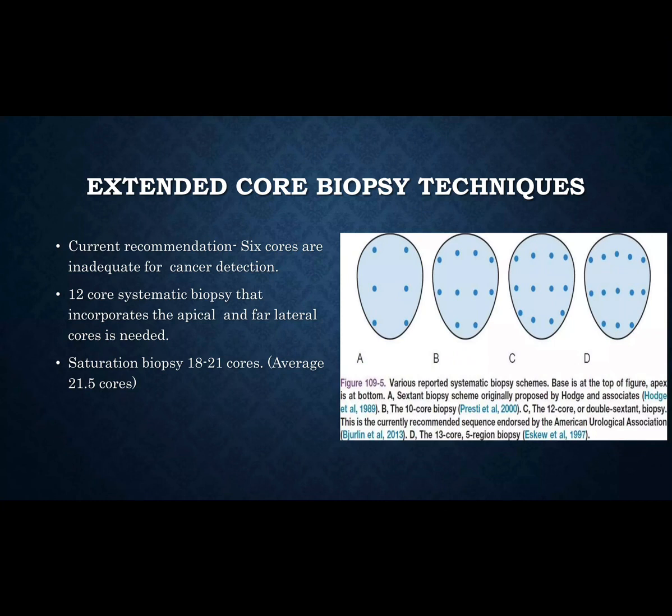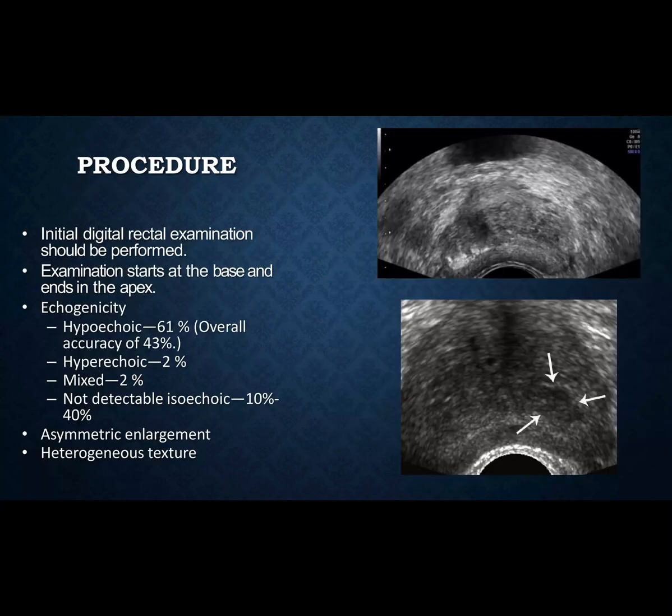Now coming to the TRUS, transrectal ultrasound. How does CA prostate look on TRUS? It is hypoechoic: 57% of malignancies are hypoechoic, 40% are isoechoic, and 1 to 3% are hyperechoic.